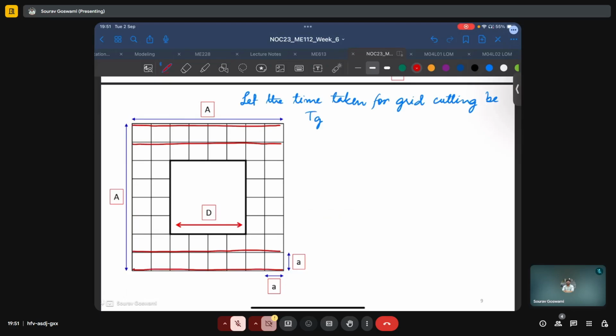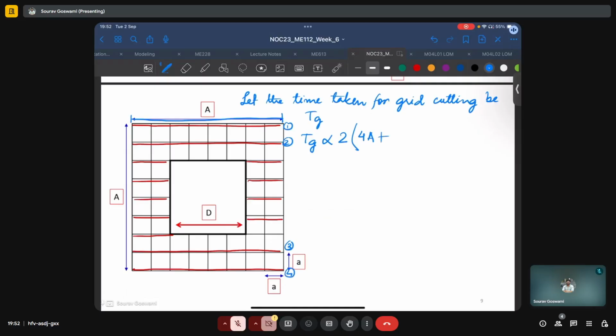If we go row wise, and also the same lines column wise. So we can just multiply it by 2. So this grid cutting time, as we know, is proportional to the surface area, not the volume. So it's proportional to twice, once along the rows, once along the columns, 4 times capital A, because we scan this length of capital A 4 times: 1, 2, 3, and 4.